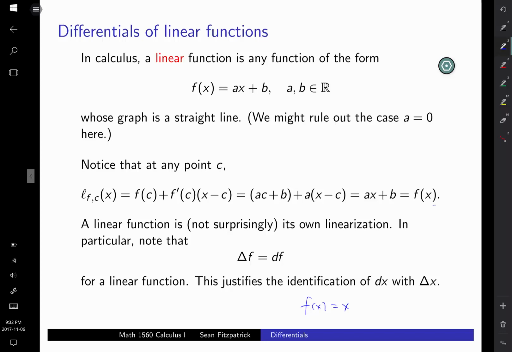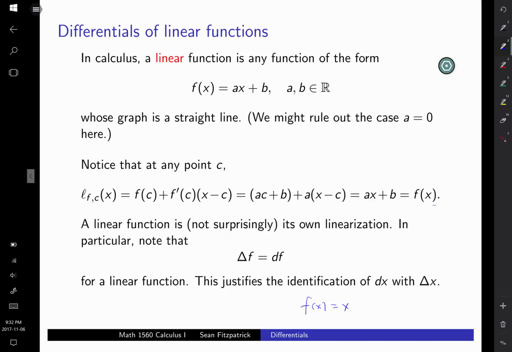And so this is why, although dy and delta y are not the same thing if y is given by some nonlinear function of x, dx and delta x can be viewed as exactly the same thing because x depends linearly on itself.